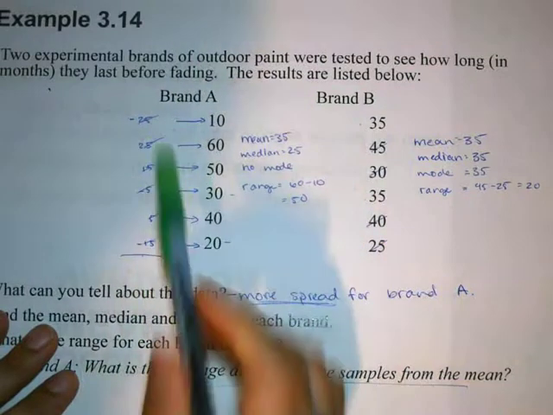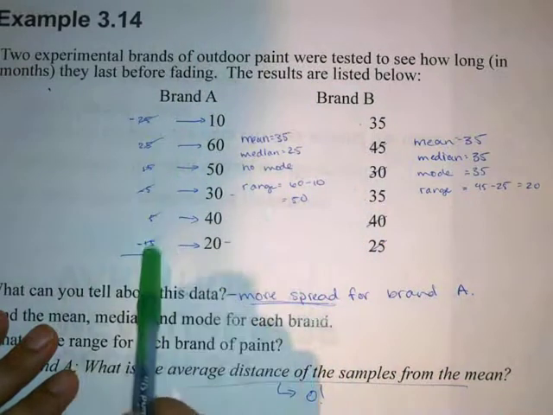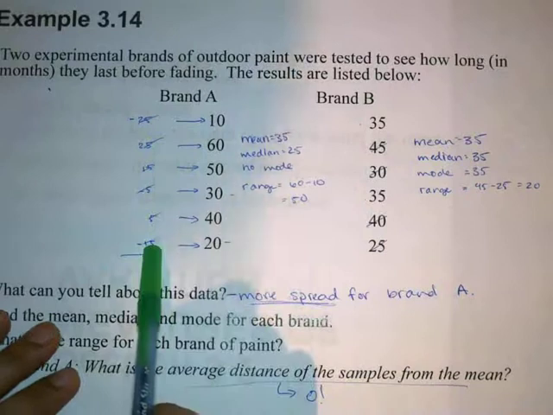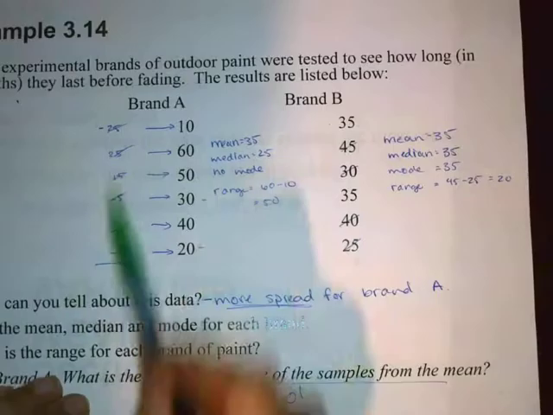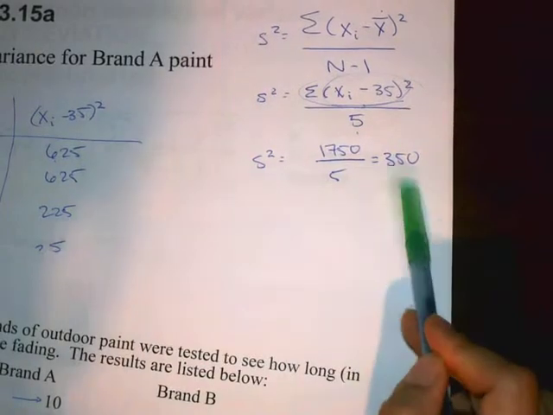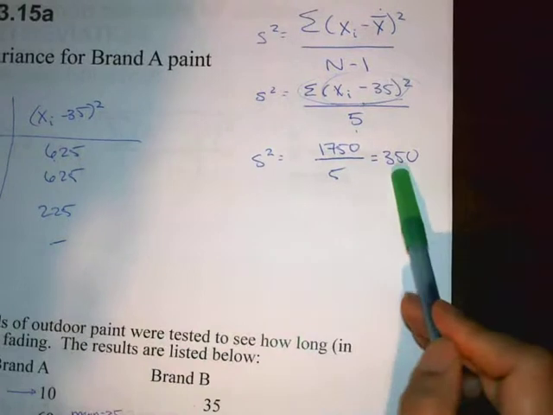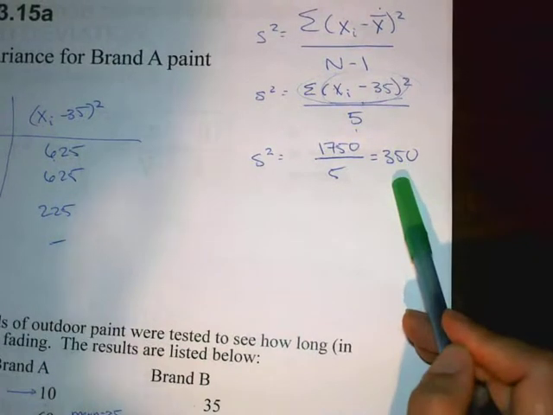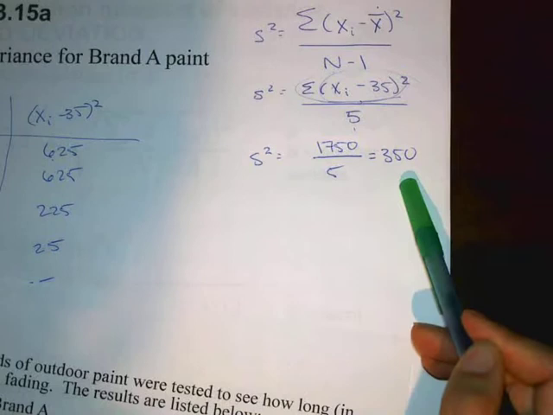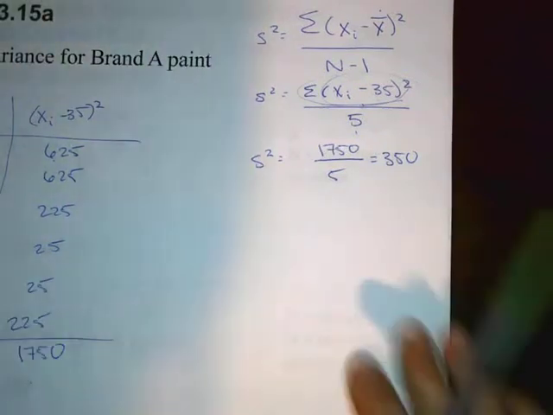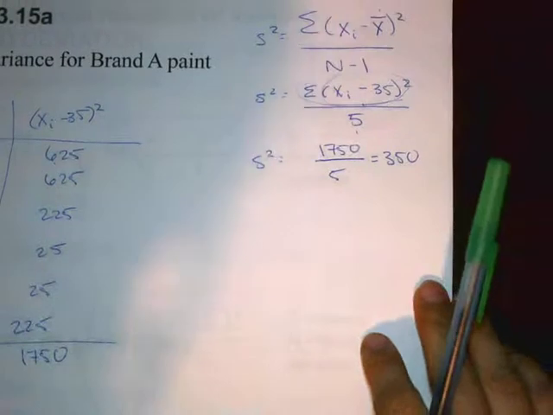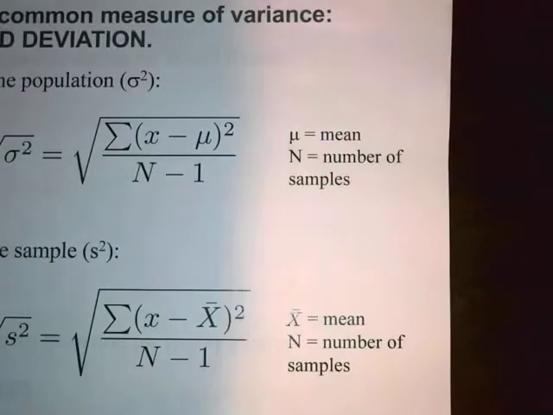What would be a more useful number would be something that's more like the average of 25 and 5, the average of all of these distances. So if we could think about maybe this is kind of like the average of all these numbers squared. So a more useful measure of the spread of this data isn't this number, which is kind of like the spread of this data squared. But if we could instead take the square root of that number. And that's what we do when we take the standard deviation.